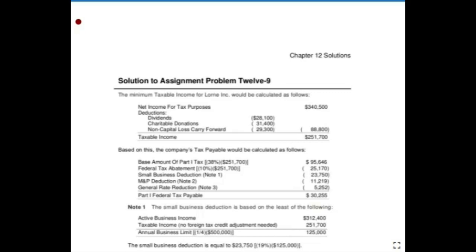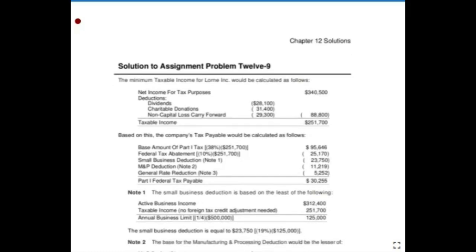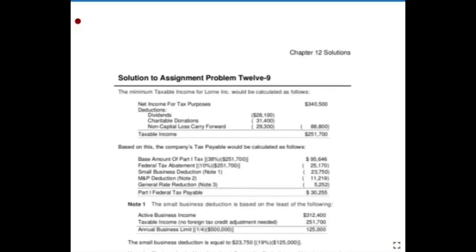So I'll read a little bit from the question. It says, for the taxation year ending December 31, 2020, Lorne Inc., a Canadian-controlled private company. As soon as you read that, you guys know I love to scribble, this company here is a CCPC.